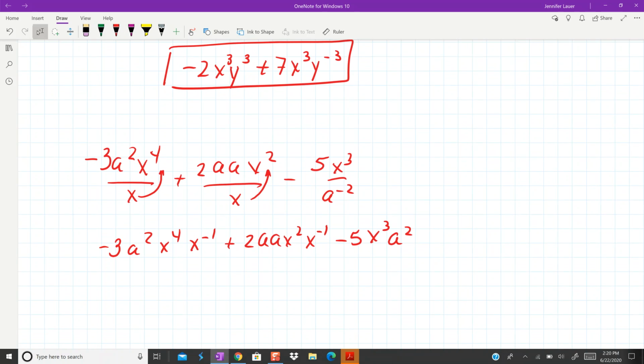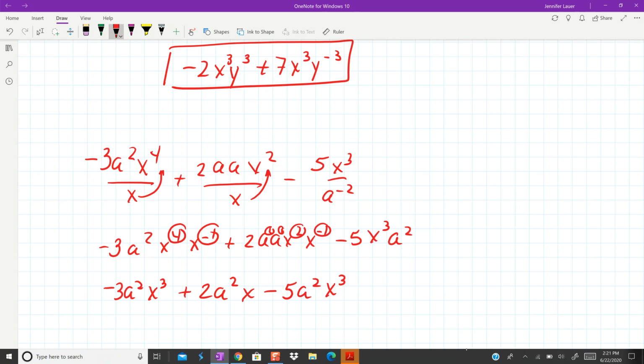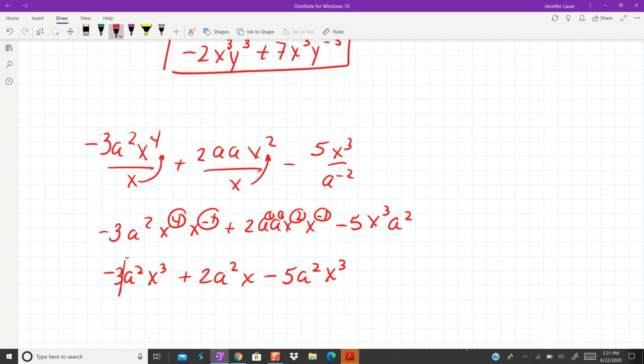My next step is to combine. Here, there's no a's to combine, but 4 plus negative 1 is x cubed. Here, this is essentially 1 plus 1 is 2a squared, and 2 minus 1 is just x. And then this one, I'm just going to put it in alphabetical order. Now, we can truly see that this one is just like this one.